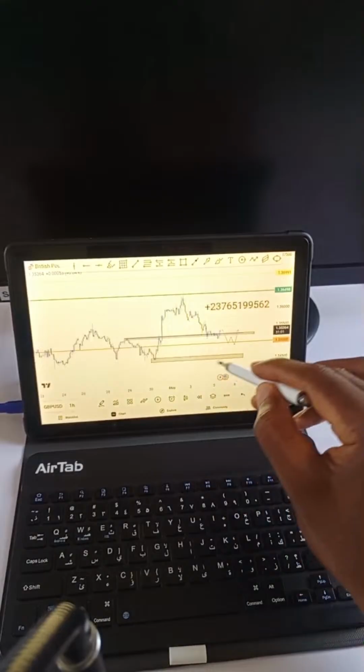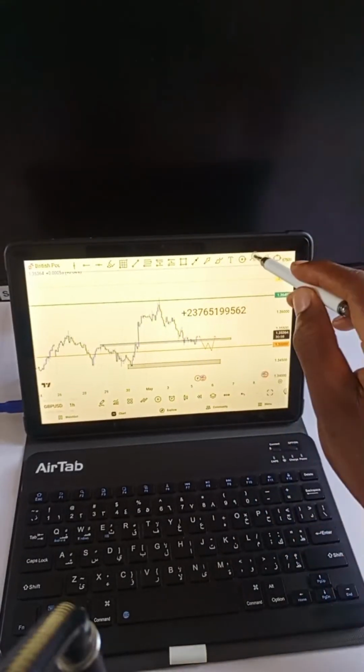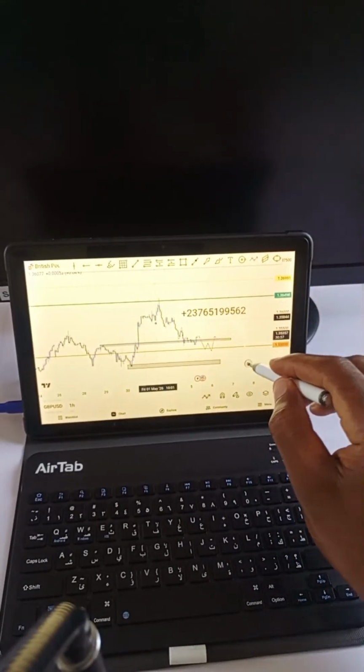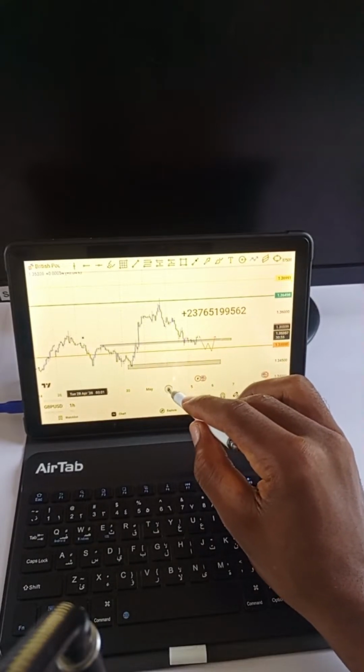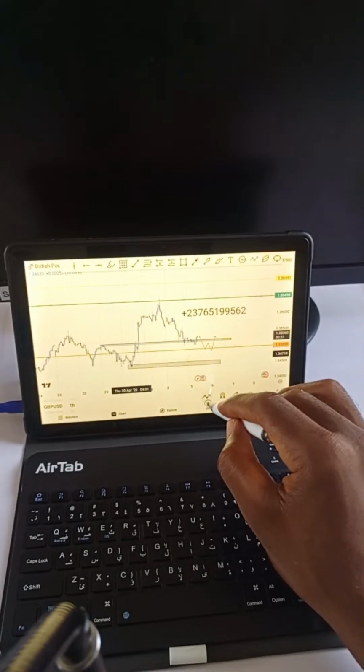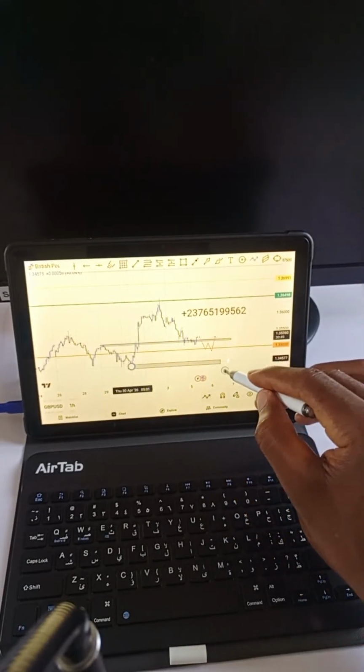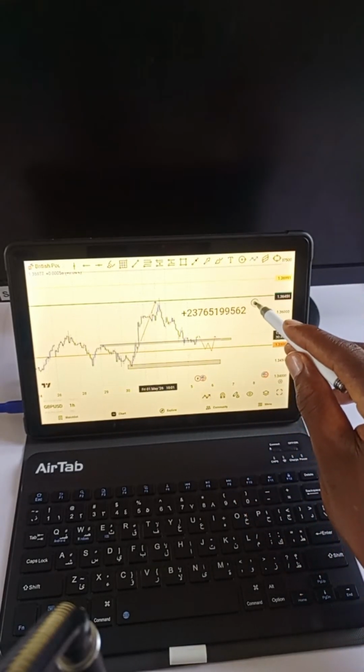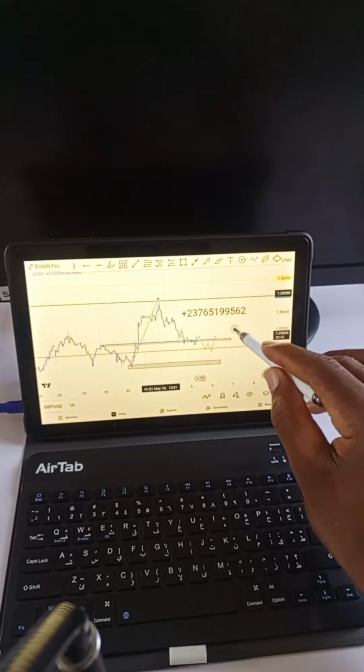On the 4 hours we have something like this. Let's just take it from here. This is the measure trend, 4 hours.